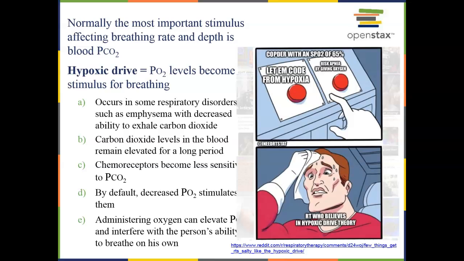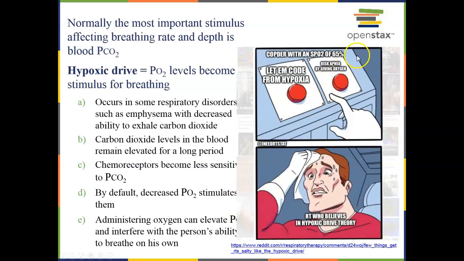So this causes your decrease in oxygen to be the driving force for breathing. And so if you add oxygen to the system, the driving force drops and you stop breathing.